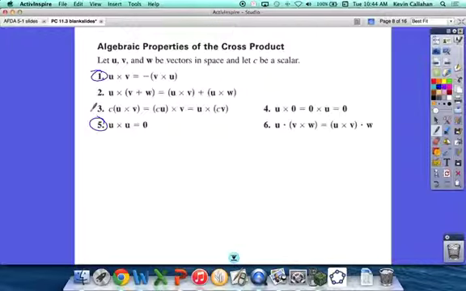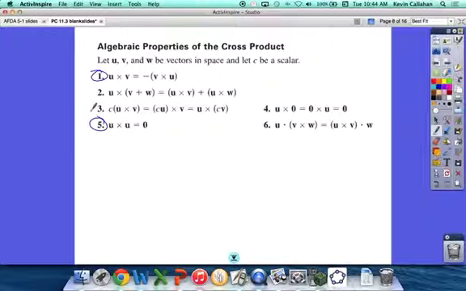U cross with a zero vector equals 0 cross with the vector u equals a 0 vector. This makes sense, right? If one whole vector is 0, 0, 0, it's going to zero out everything. And here's one. U dotted with v cross w is the same thing as u cross v dotted with w. So if I move the parentheses, the operation changes.